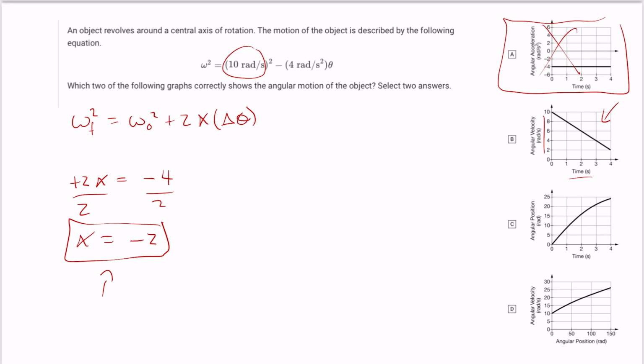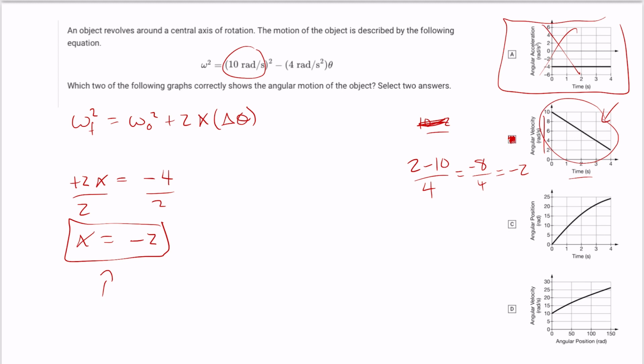Actually, that should be 2 minus 10 over 4 minus 0. That should give me negative 8 over 4, which is going to be negative 2. So based off of finding the slope here, this is a constant negative acceleration of negative 2. So this graph could work.